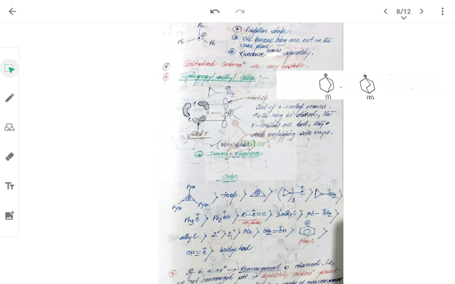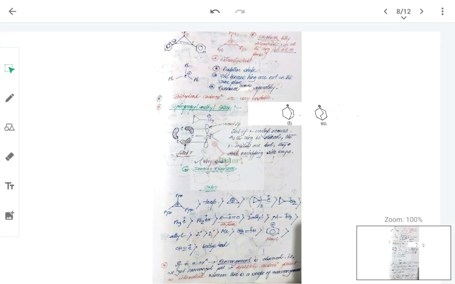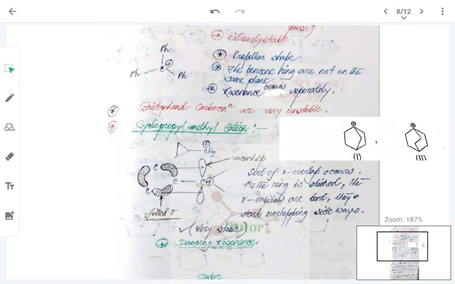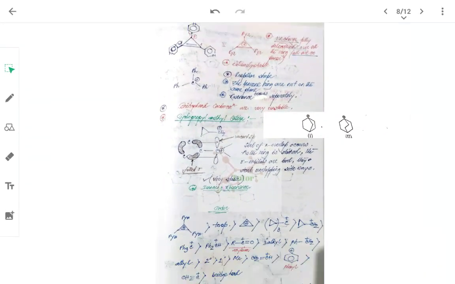Now, zoom it. This is a special case. In this type of carbocation, positive charge is fully delocalized over all the ring, and all are coplanar, an extremely stable carbocation, and this is a propeller shaped carbocation.